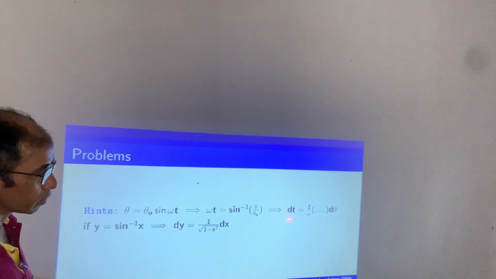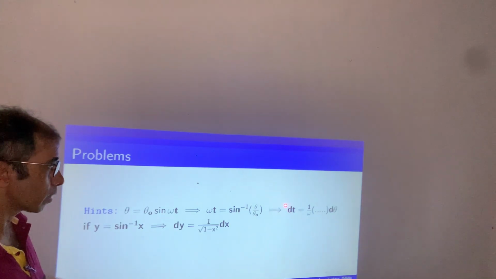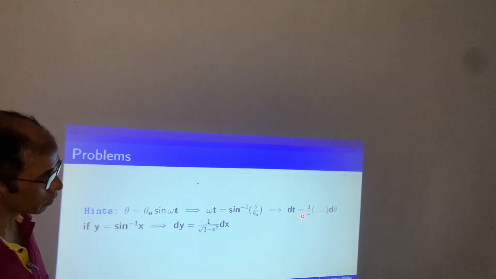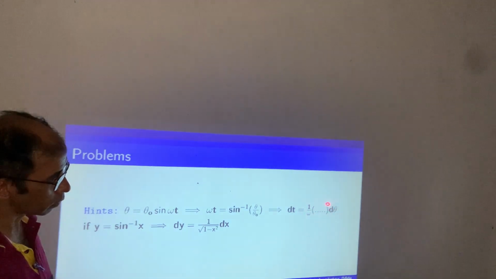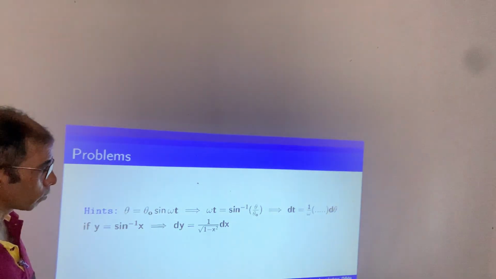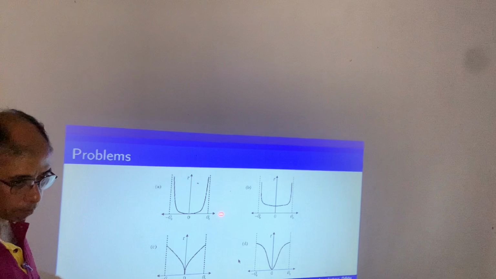On the left hand side, this is the time spent between theta and theta plus d theta, and on the right hand side, the expression is given in terms of theta. And this entire expression is tau theta. So find out what is the measure of tau theta and see which one is correct.